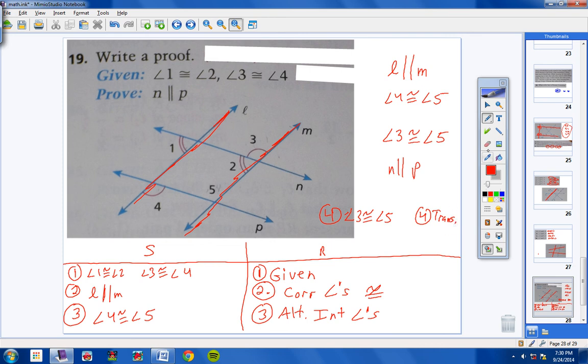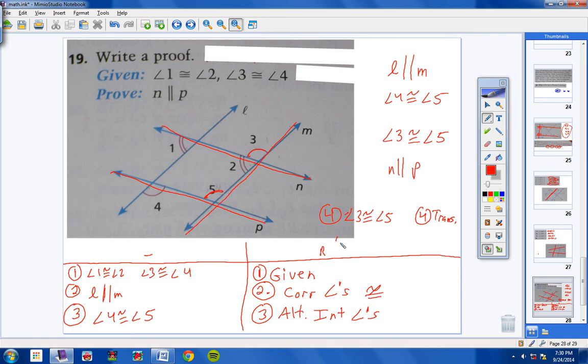And then look, students, what you just stated. You just stated that angles 3 and 5, here's 3, here's 5, are congruent right here. So as soon as you state that they're congruent, then you have 2 lines right here cut by a transversal in such a way that corresponding angles are congruent.